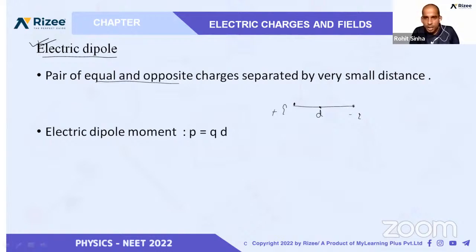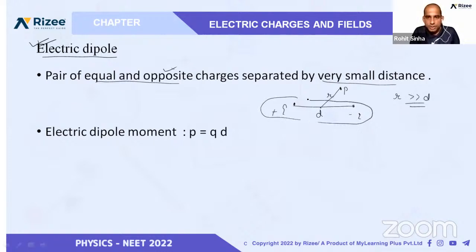If we take a midpoint and some distance r here, and name this point as p, then r will be very much greater than d. When equal and opposite charges are separated by a very small distance, the arrangement is called an electric dipole.